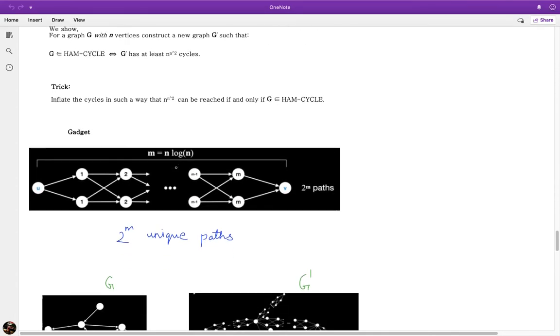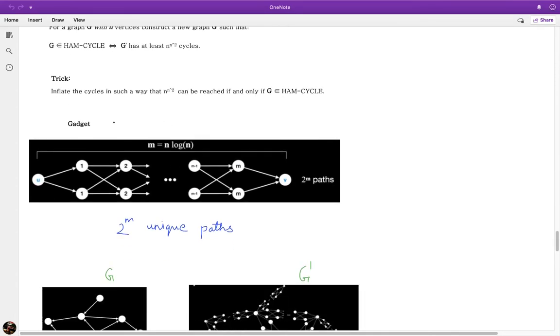To construct the graph G dash, we use gadgets. As we have already used these as part of our assignment to construct graphs in order to prove statements, we are using a gadget here as well.